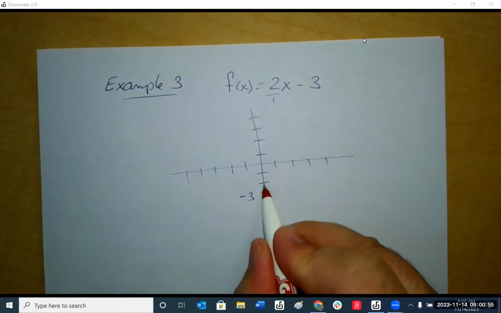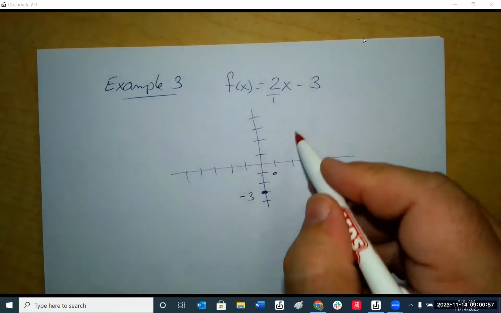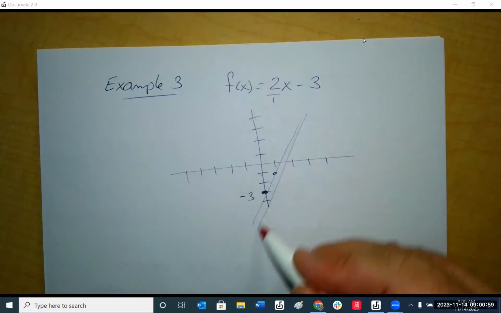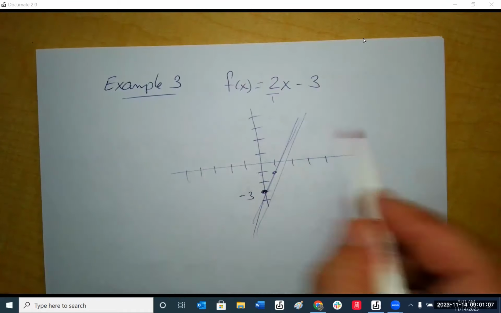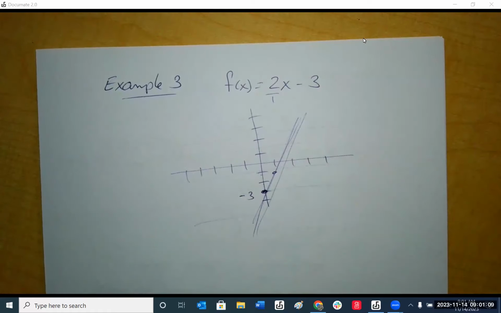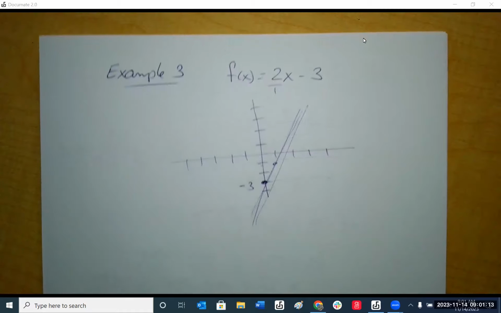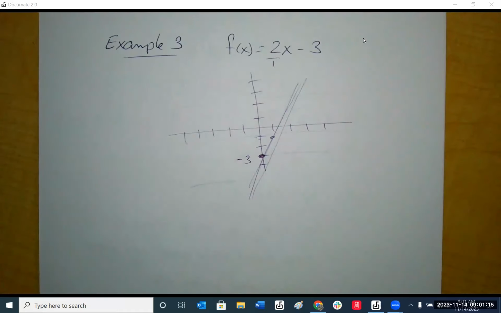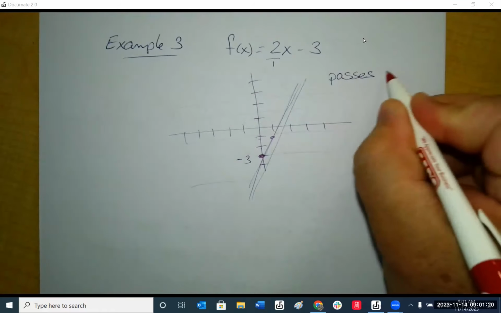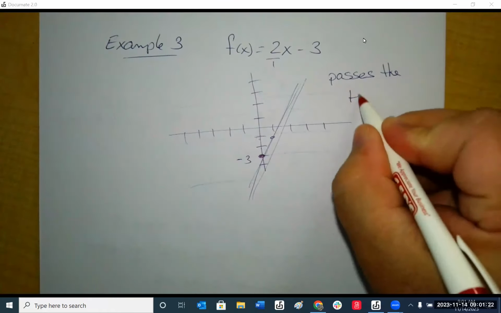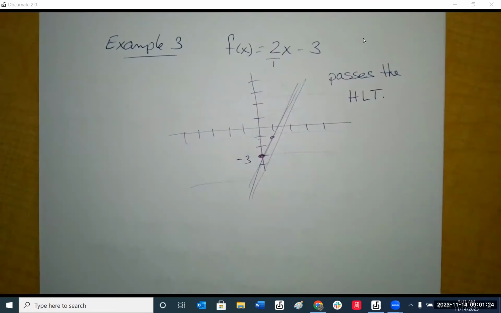Yeah, 2/1, so up 2 over 1. And there's that line. Is it 1-to-1? Yeah, because it passes the horizontal line test.